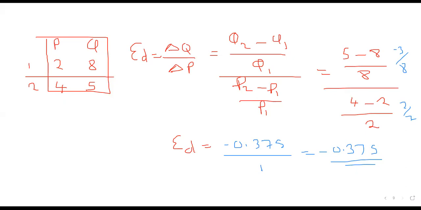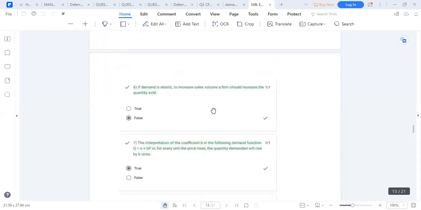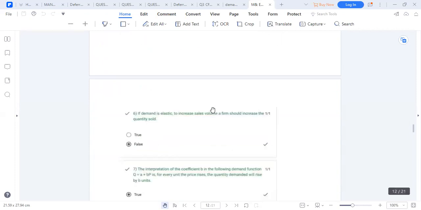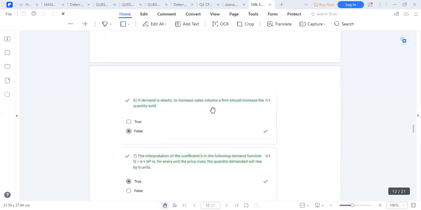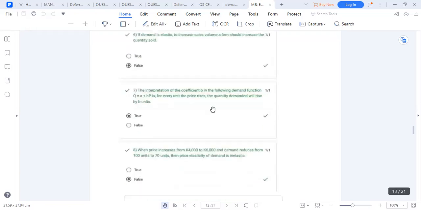So the answer is inelastic. Which one should be elastic? The one that has got a 1. When it has a 1, then it's elastic, whether 1 or 2. If it's -1.4, -10.4, -100.4, that is all elastic. But if it's starting with 0, 0 point anything, it is inelastic.